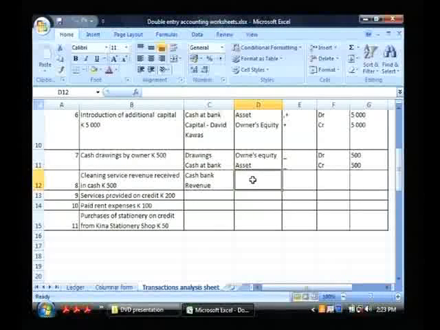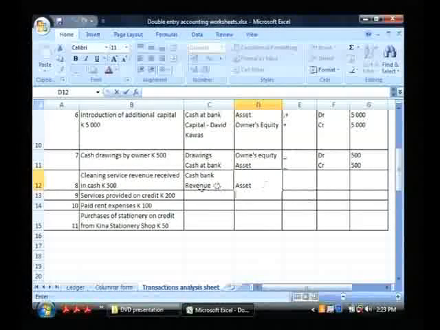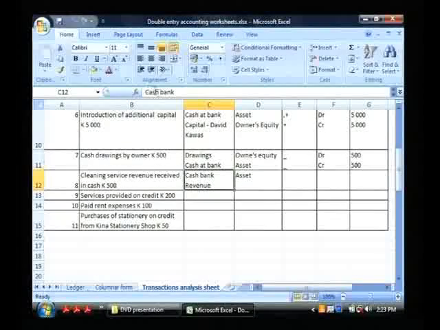Cash at bank increase. So therefore, the element of accounting equation is an asset. Revenue, we can say here, service revenue. We change it to service revenue.